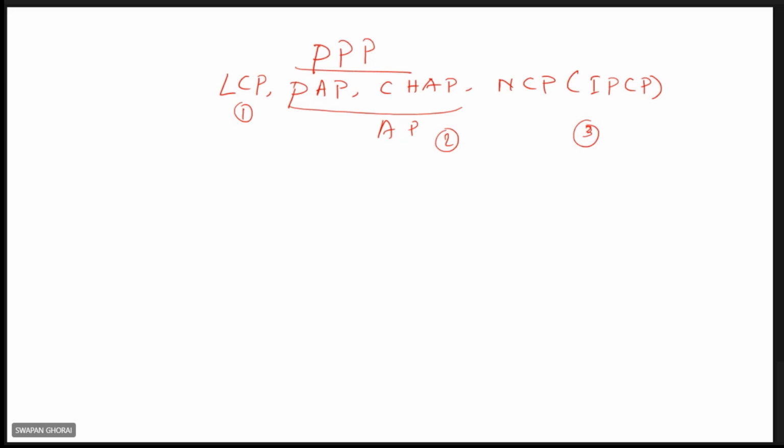The LCP protocol we have seen last time. In LCP, the subfields are code, ID, length, and information. There are 11 types of packets, and they are divided into three groups.